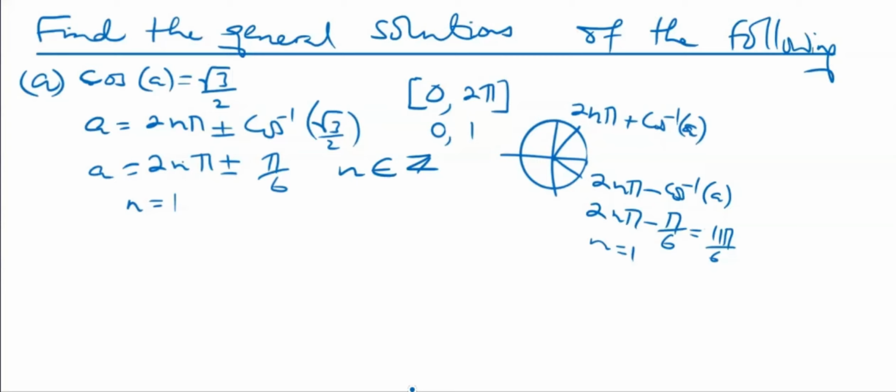Alright, let's have a look at another example. This time we're going to look at an example based on a sine function. I'm just going to put a coefficient at the front.